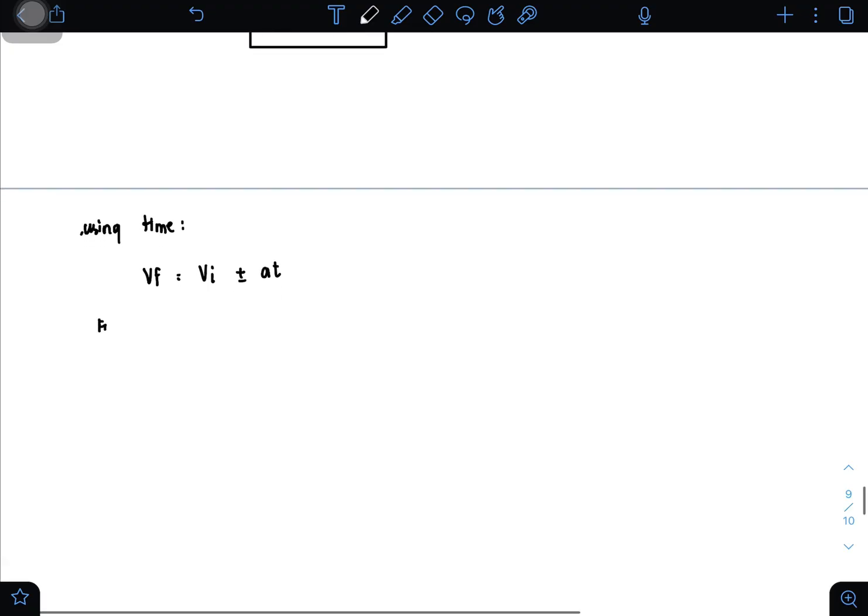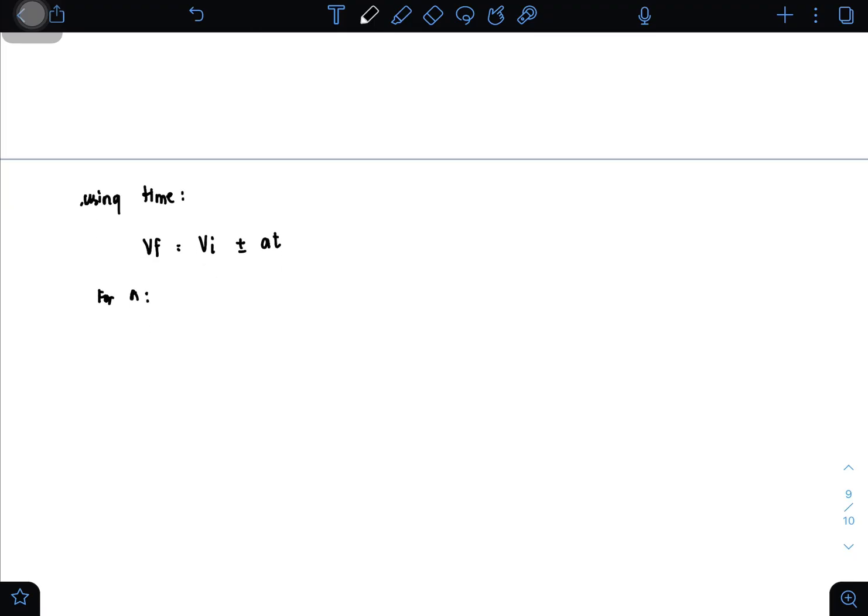So for A, ball A, it's moving upward. So final velocity of A is equal to initial velocity of A. Then since it's moving upward, since this is ball A, then we're going to use minus acceleration times the time.